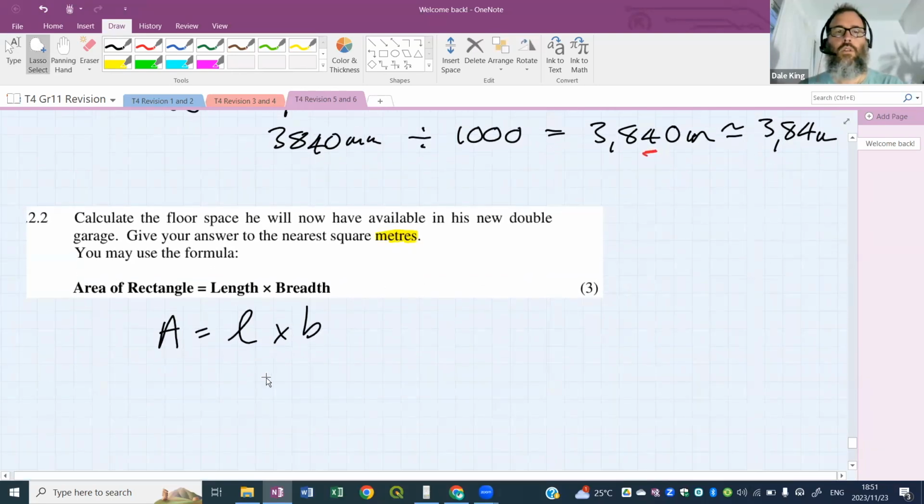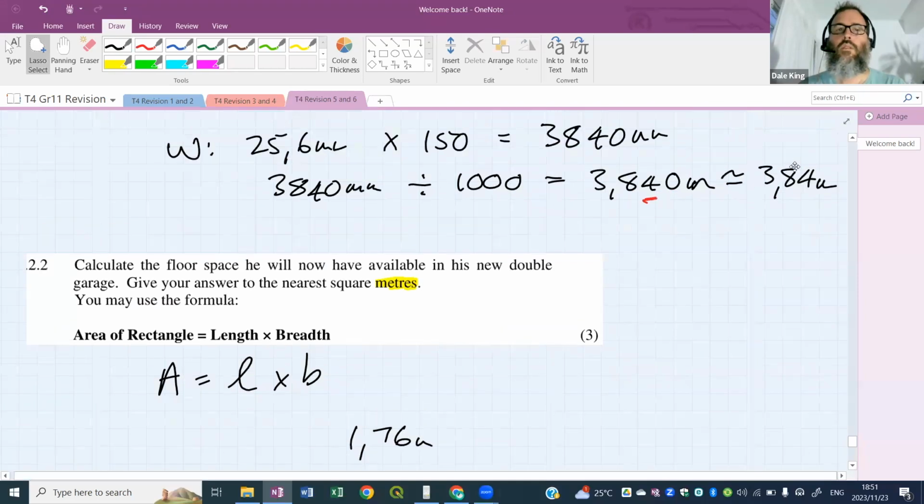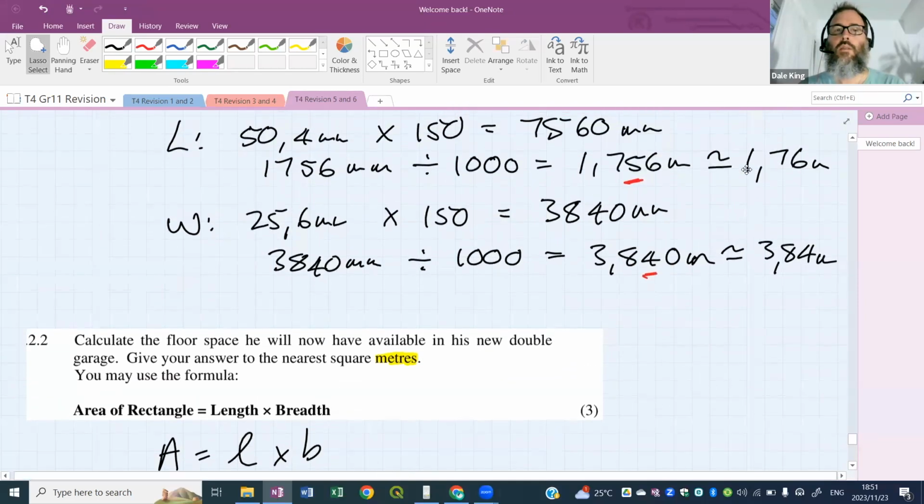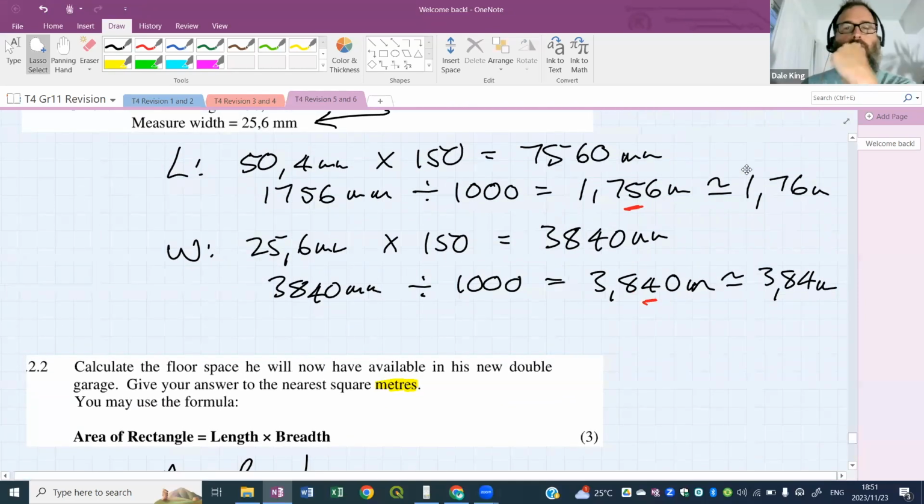So I think this was the length. No, that's not the length. That is the breadth. I've mixed the letters up there. Hold on. Guys, we made a mistake. Did you see that?